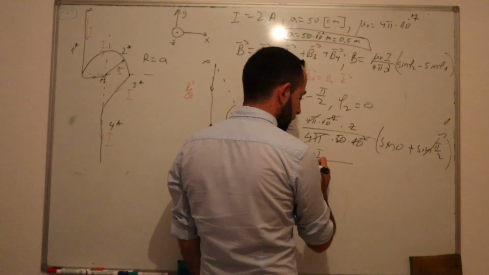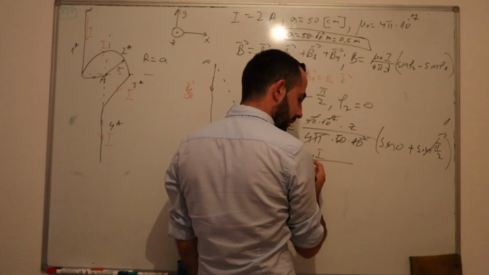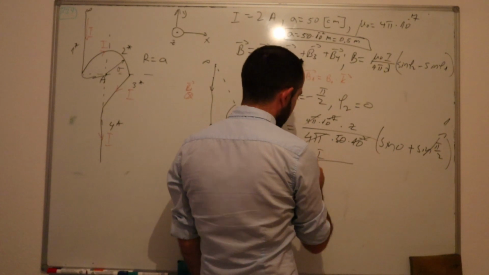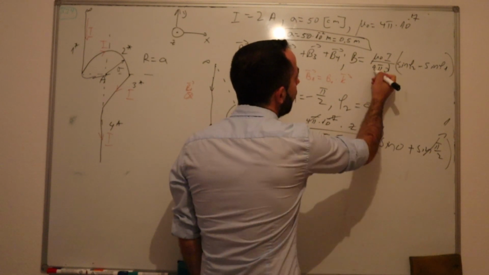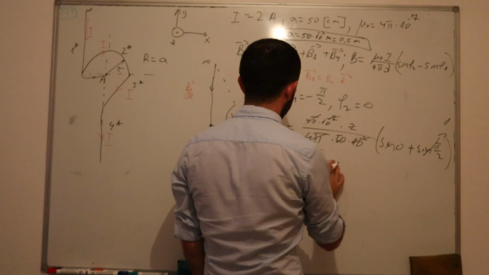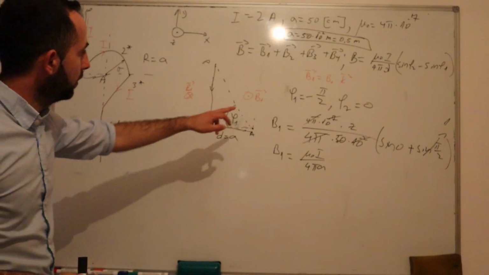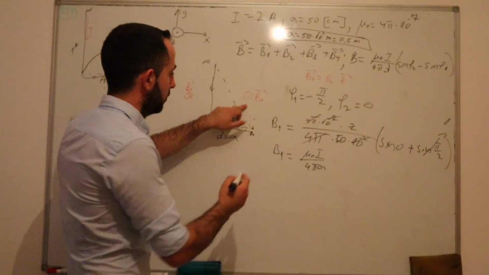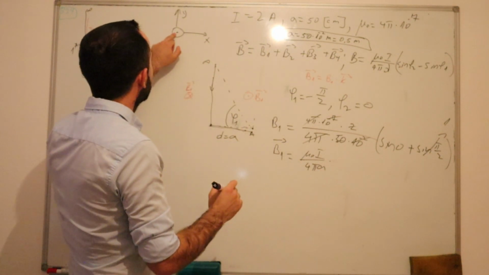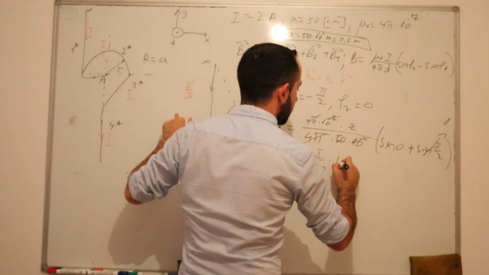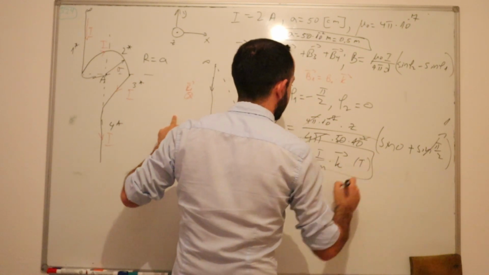Only this is 1, and we get that it is μ0I over 4πa. If we want to write that as a vector, it only has a z component, so unit vector k. That's it.